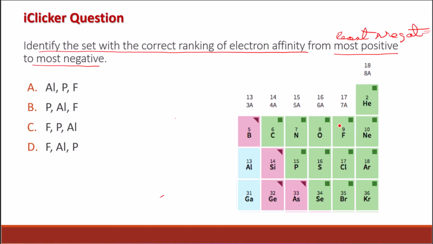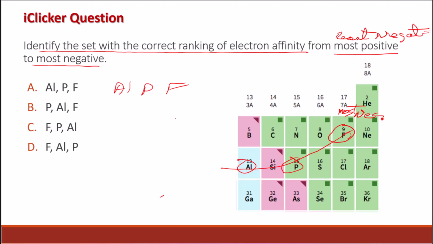So if I'm looking at the trend, and let's say I've got phosphorus and aluminum and fluorine over here, fluorine is definitely more negative than phosphorus. And then I suspect that aluminum, because remember the trend is like the trend in ionization energy, but there are some anomalies because of the electron configurations. But in general, the trend is like this, and this would be most negative, most exothermic.